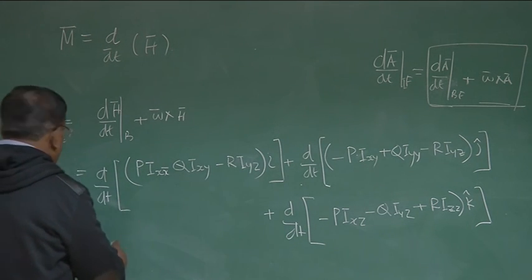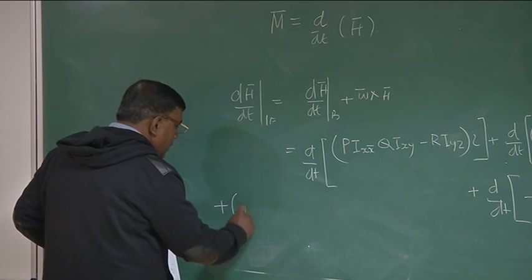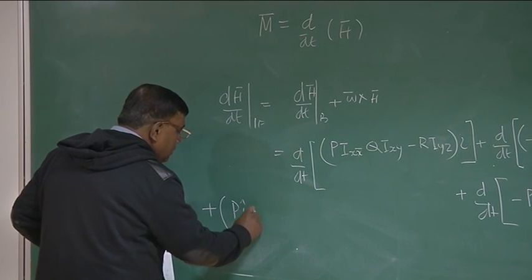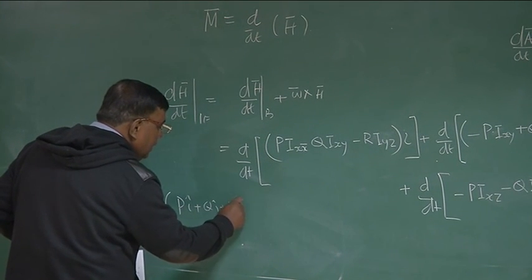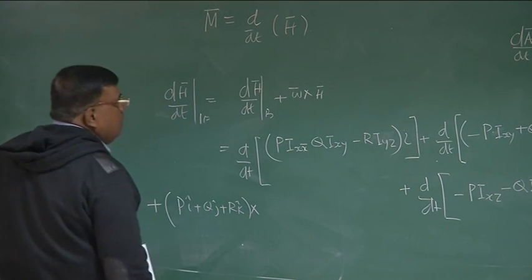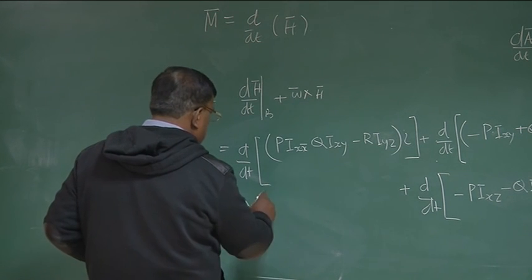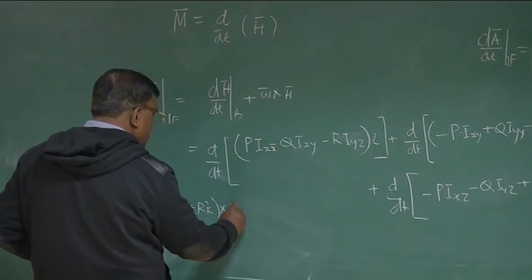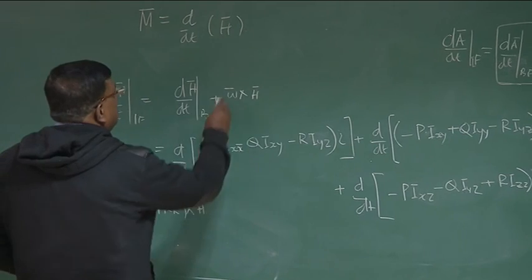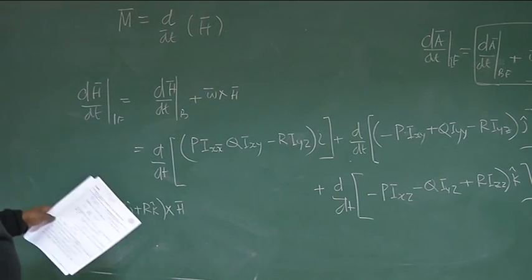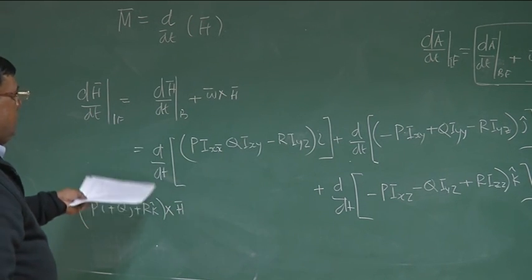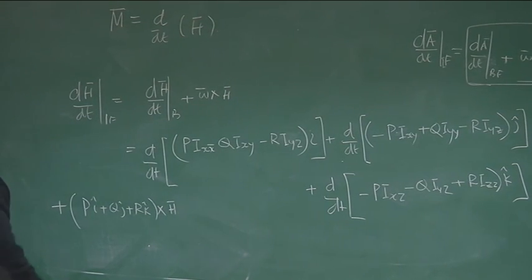Then omega cross h. So plus omega, we know, is pi plus qj plus rk, and h we also know, as these expressions, right? For the expression of h we have used here, you all know. So if we expand it, simply take the derivative and expand it, do not forget this term.